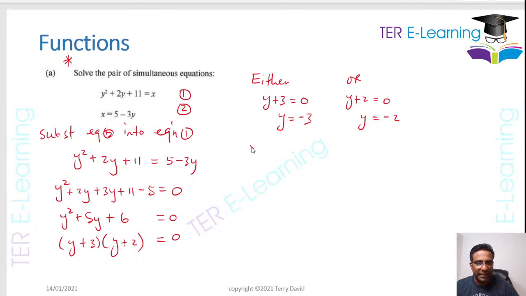So x is equal to 5 minus 3 multiplied by y, which is minus 3. 5 minus 3 multiplied by minus 3 is plus 9, and I get 14 here. Then the other solution is 5 minus 3 multiplied by minus 2. 3 twos are 6, that's plus 6, and that gives me 11.